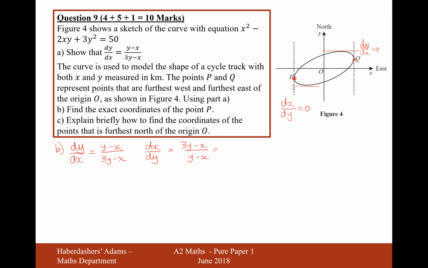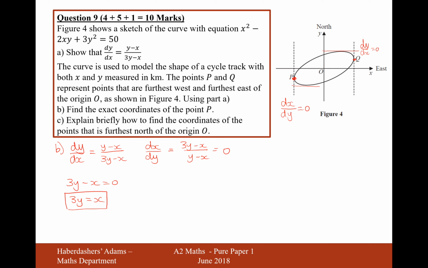And then to find these vertical stationary points, I'm going to set this equal to 0. Whenever you've got a fraction and the fraction equals 0, it must be the numerator that is equal to 0, no matter what the denominator is. So therefore I have 3y equals x as my equation.